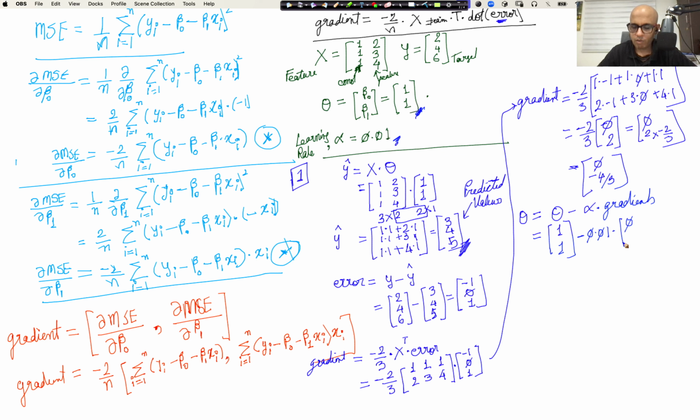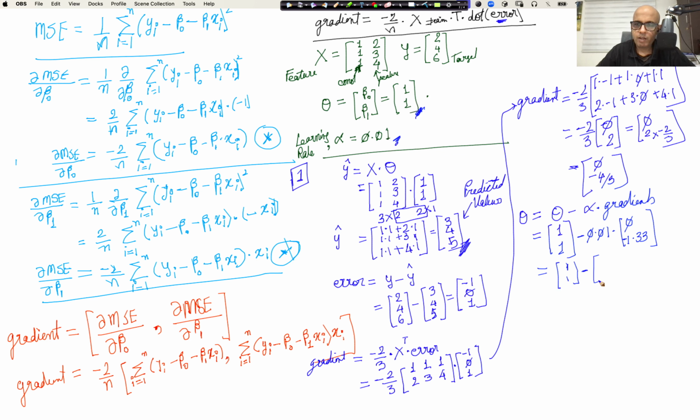This is 0 and minus 4 by 3, so I'm going to just calculate what that is. Minus 4 divided by 3, that is 1.33. So let's write that down here, 1.33, and with a minus sign. Now when we perform this calculation, we have 1 with this, and let's leave this as is for now.